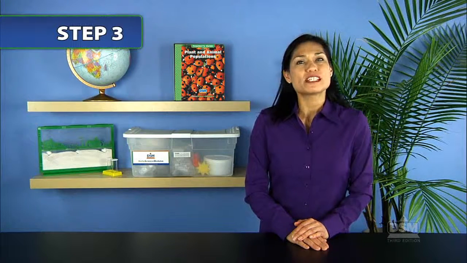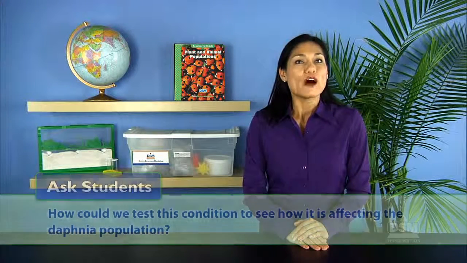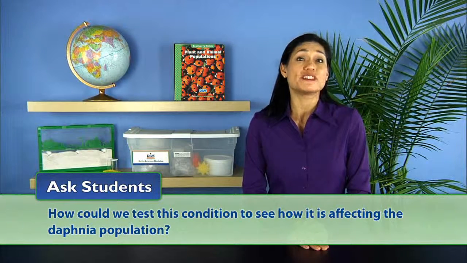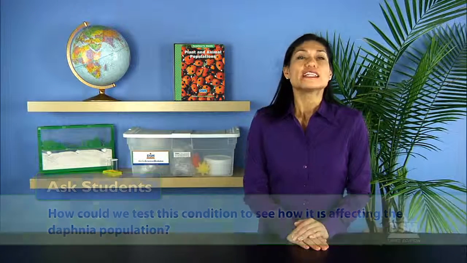Next, go down the list of possible reasons for the decrease in the daphnia population, and for each one ask, how could we test this condition to see how it is affecting the population of the daphnia? In each instance, remind them that it is important to set up 2 parts, a control and an experimental setup.